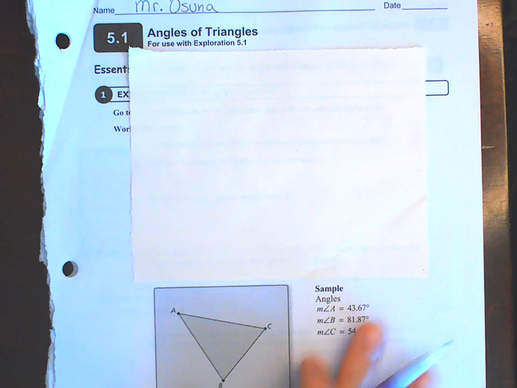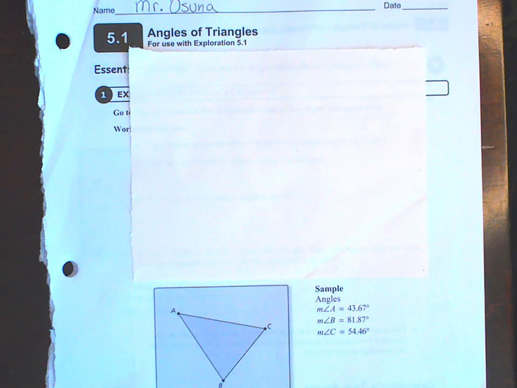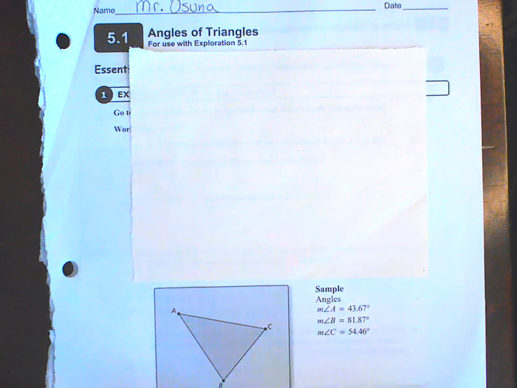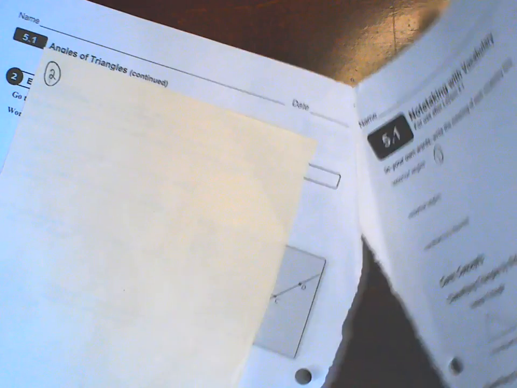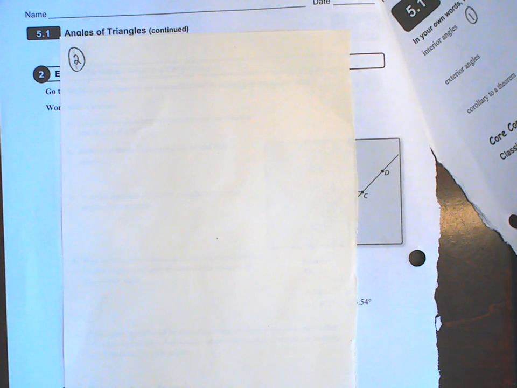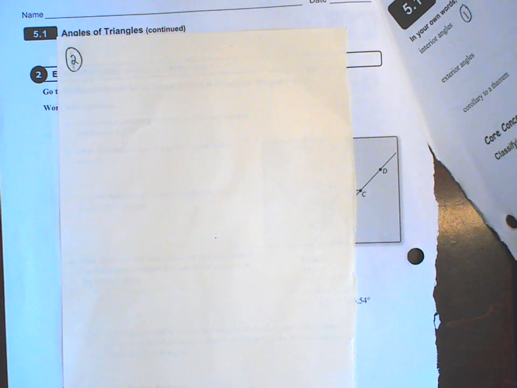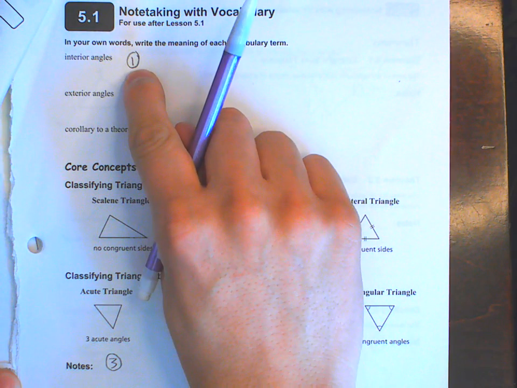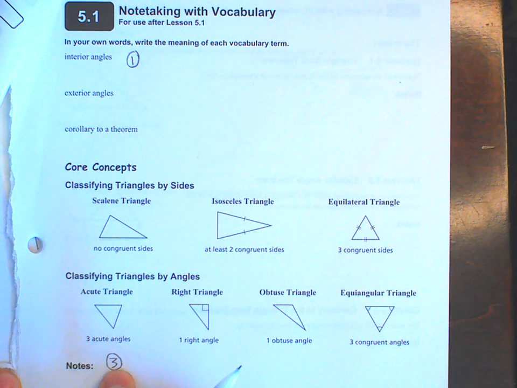We're going to use this piece of the first exploration to go over two of the main topics for this lesson. Now on page 124, you are going to need a half sheet of paper and you are going to glue it for problem number 2. Now on page 125, you are going to put number 1 here and example number 3 right there.